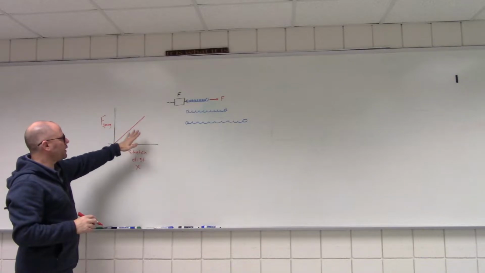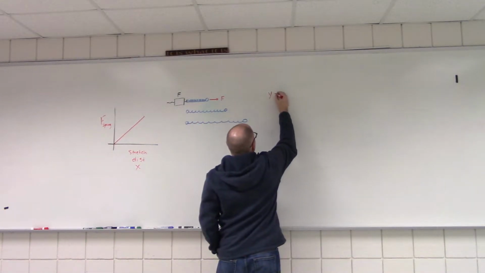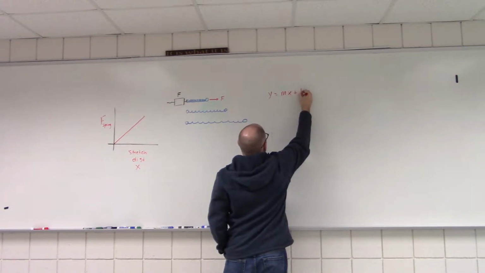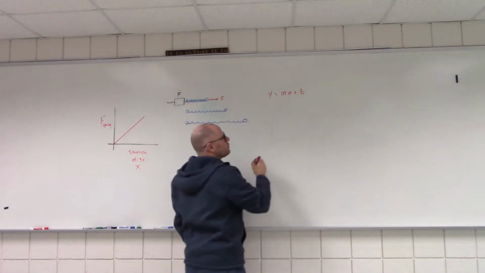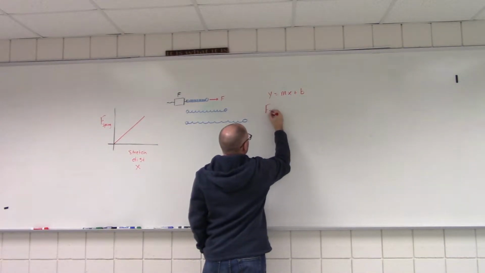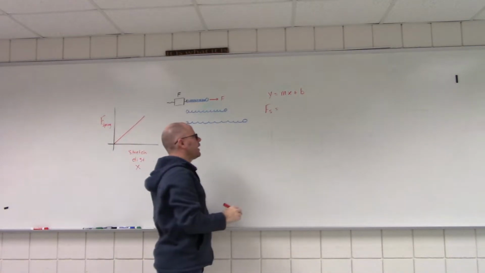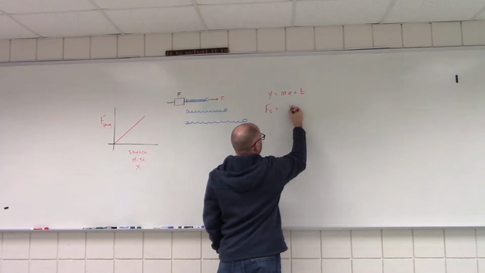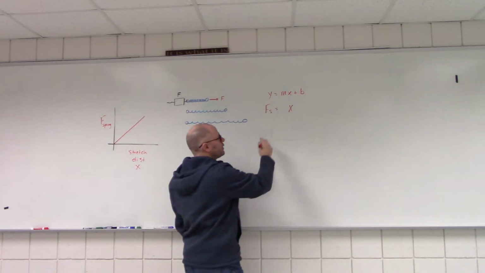And so if we look at this in terms of y equals mx plus b, we see that on the y-axis is the force by the spring. And then we have the slope, we'll talk about that in a second. On the x-axis is an x, which is nice, and then the b value is 0.